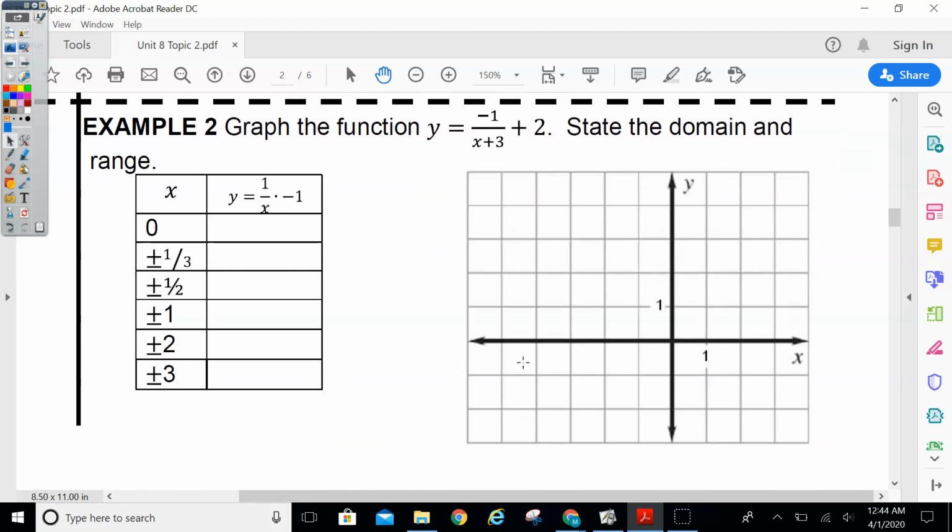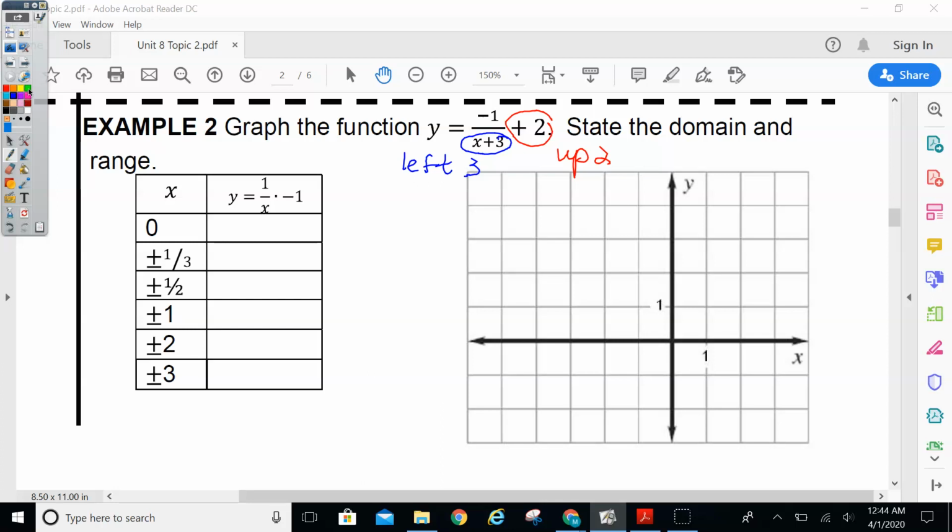Okay, so one more that has you graph it entirely. Alright, so here we want to graph the asymptotes, and then we want to use the slope to find some other points. Alright, so looking at this one, actually let's describe the transformations first. The plus 2 makes it go up 2. The plus 3, it's opposite, so it makes it go left 3.